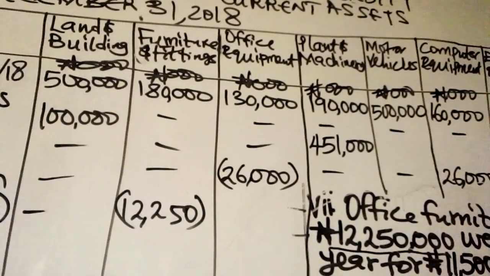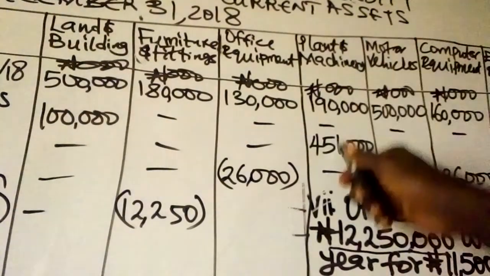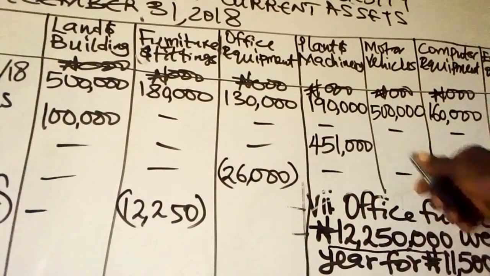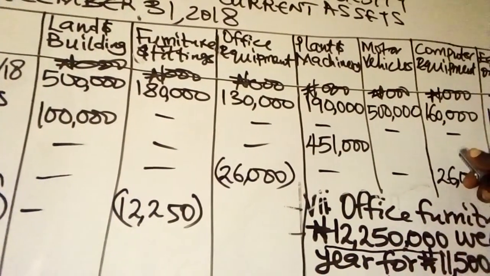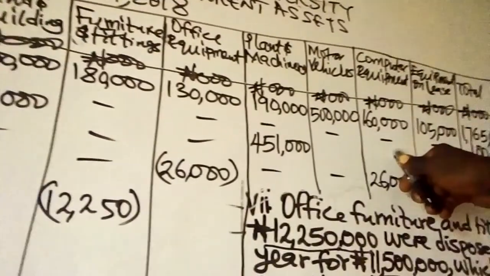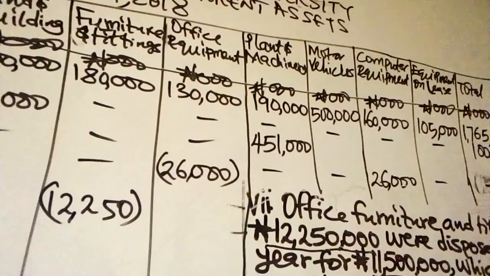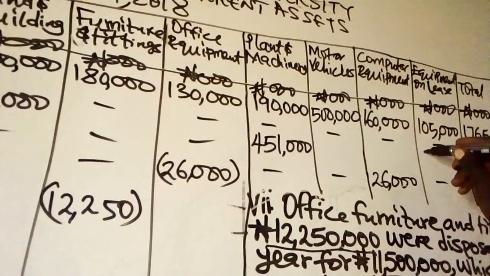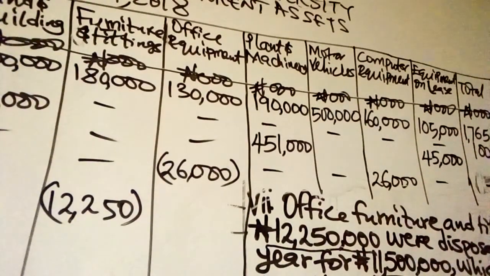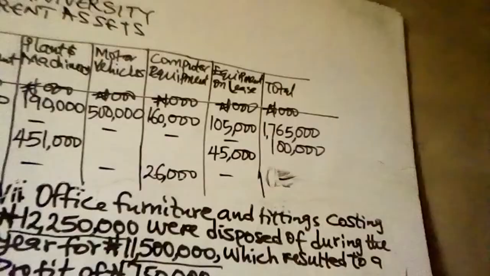The addition to plant and machinery has been considered. We've not seen any addition to motor vehicle. Then we've not seen any addition to computer equipment. Then we have an addition to equipment on lease, and that is 45 million. That is note 8. Note 9.